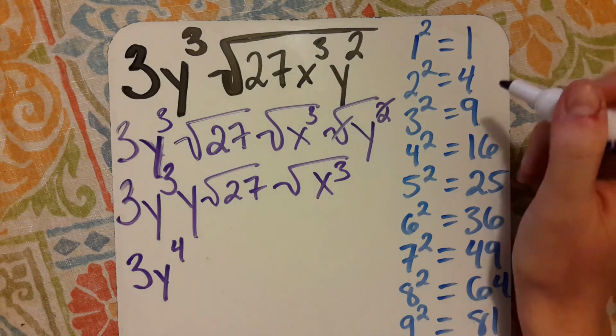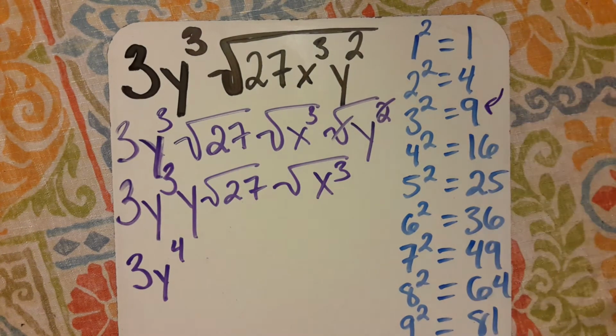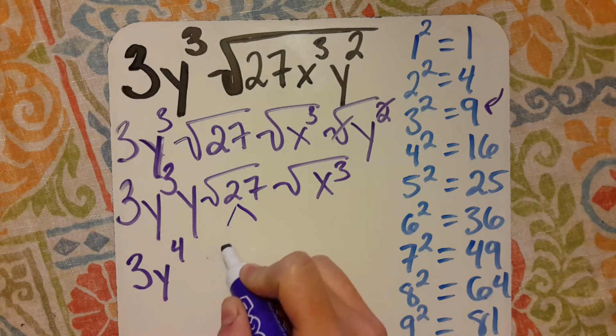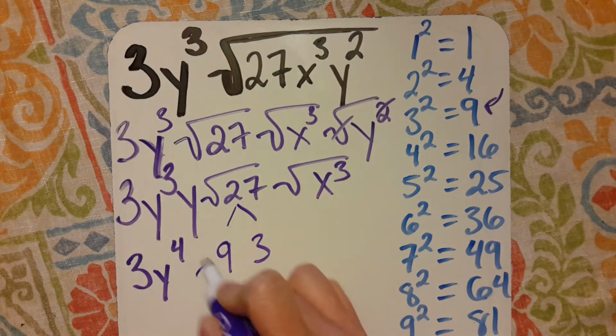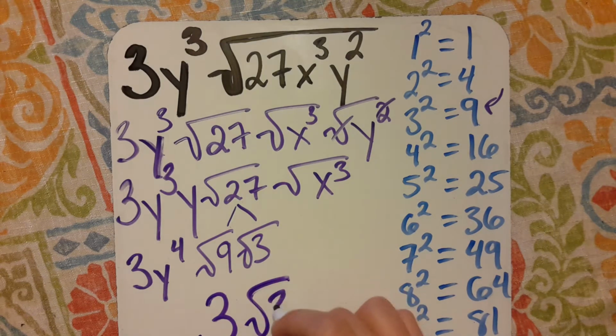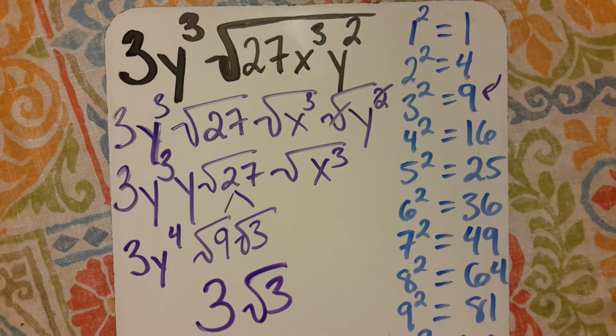It looks like that number is 9, because 9 times 3 is 27. And what is the square root of 9? That's just a nice, happy 3. I'm still stuck with the square root of 3, because that's not a nice, easy square root.